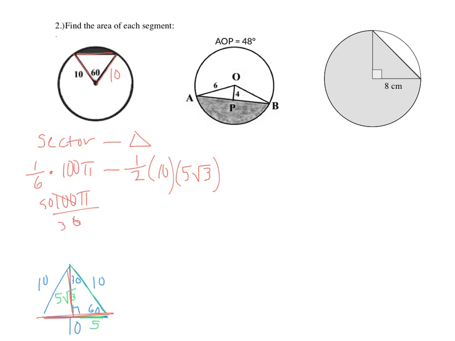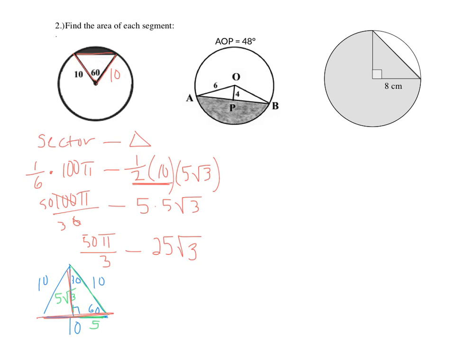And then on this side, we've got minus 5. I just multiplied those together, times 5 radical 3. Let's keep going. And we've got 50 pi over 3 minus 25 radical 3. And that's as simple as we can get. We can't put these together. One side has a pi, one side has a radical.